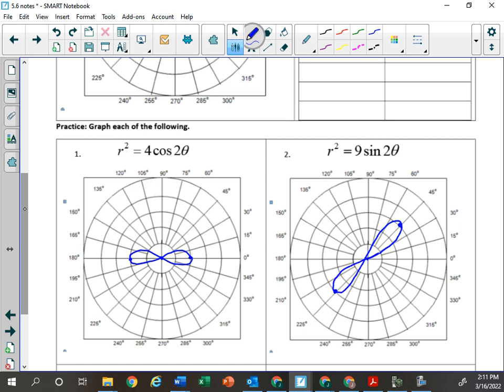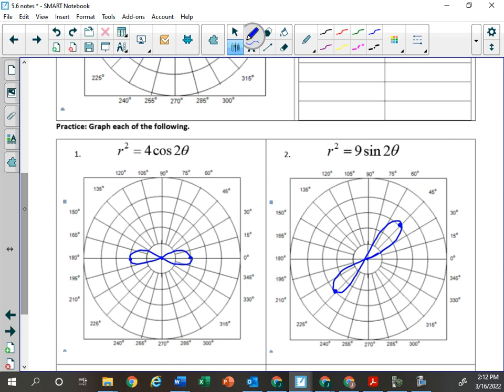I drew that one weird, but yes. All right, are we okay with 1 and 2? Okay, any questions on the lemniscates?